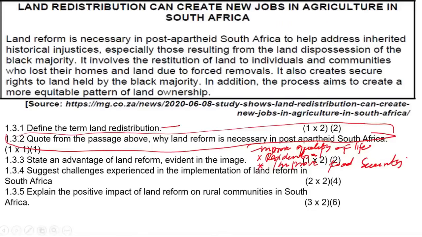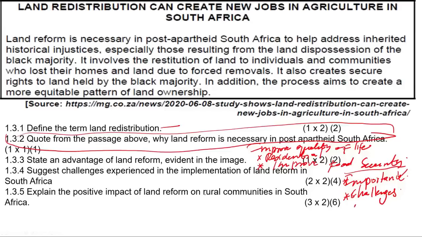You need to know the advantages, the importance: why is land reform important? Number two, you need to know the challenges that the government is facing during the implementation of land reform.